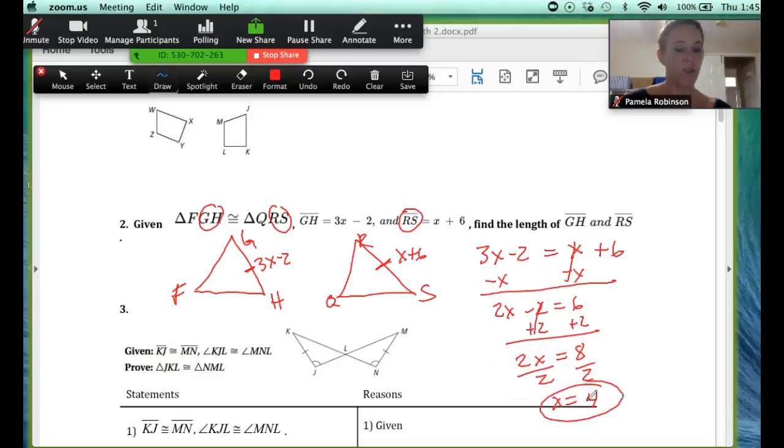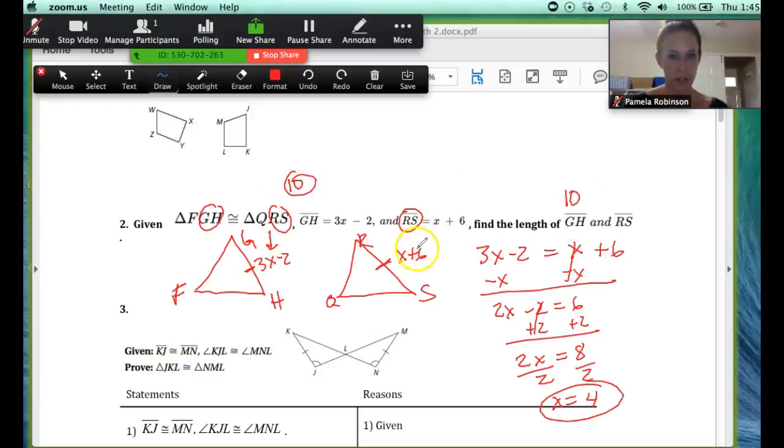Knowing x is 4 doesn't give me my solution, though. I want to know the lengths of GH and RS. So I come over to GH and plug in 4. 3 times 4 is 12, 12 minus 2 is 10. So GH will be 10.